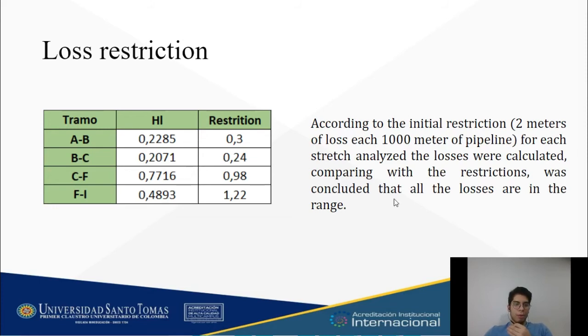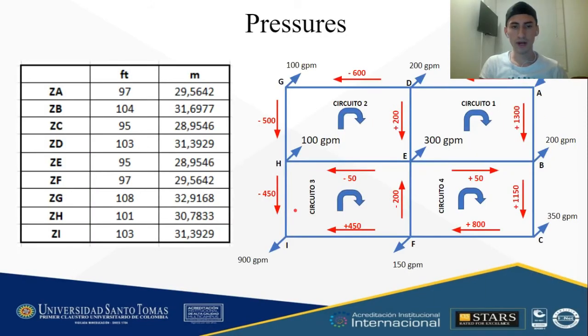We could conclude that. Then we did some calculations to find the pressure in each node that you can see in this picture. First we converted the units to work in the international system.